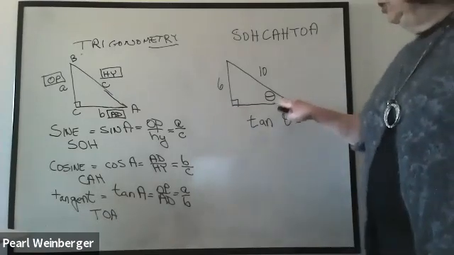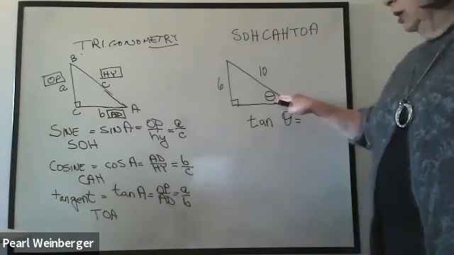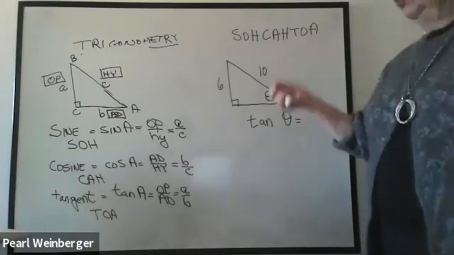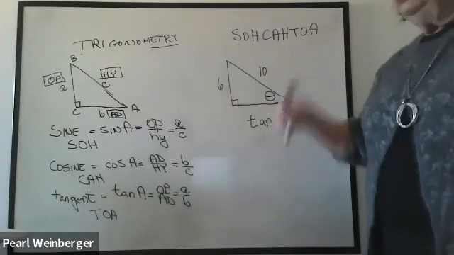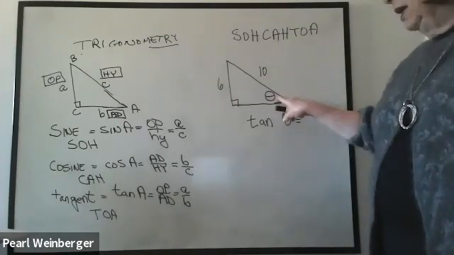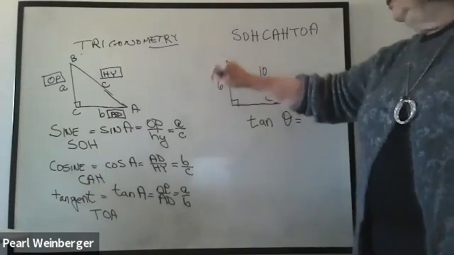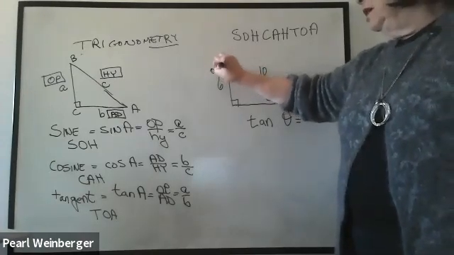Well, the first thing I'm going to do is look at my triangle, and I know I'm talking about trigonometry, so I have to label things opposite, adjacent, and hypotenuse. Now here's my angle. So this is across from it. This is my opposite side.